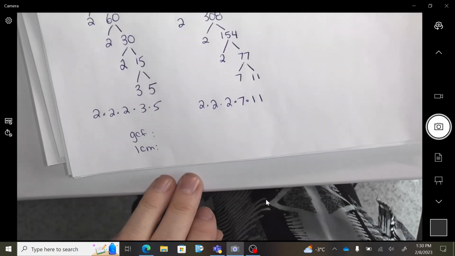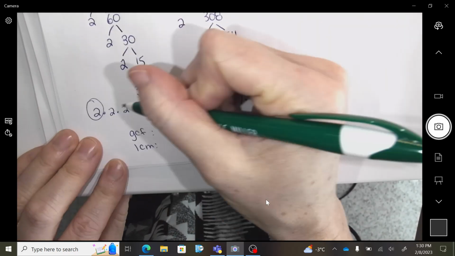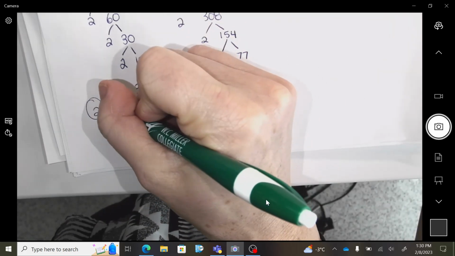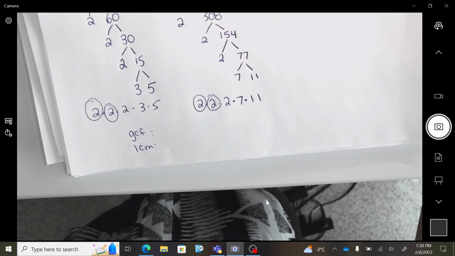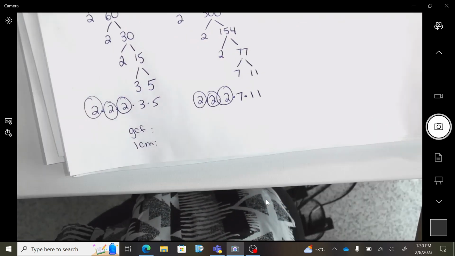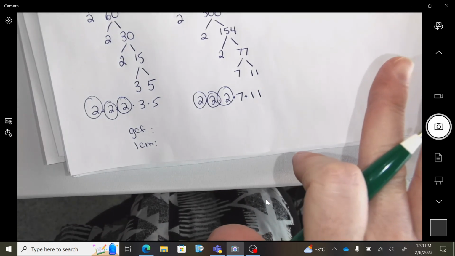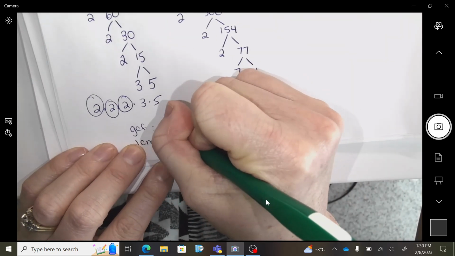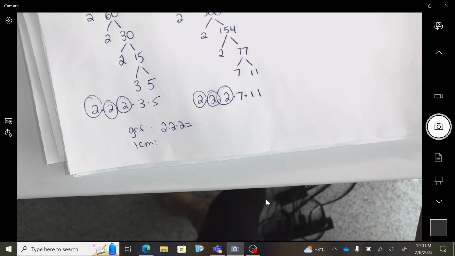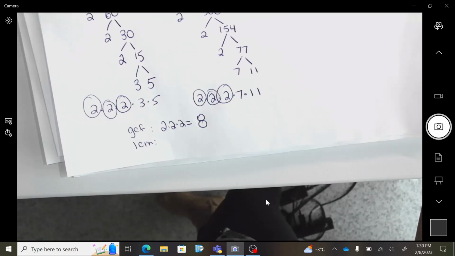So what would they all have in common as factors? I can do a 2. I can do a second 2. I can do a third 2. That's it, right? So that means the largest number I could divide them both by is 8.